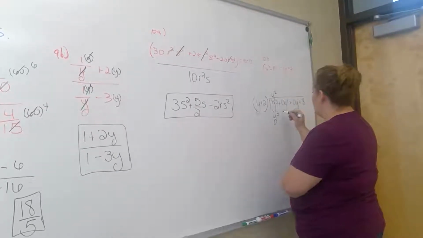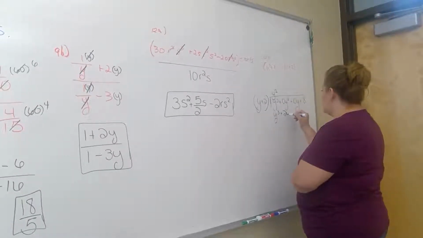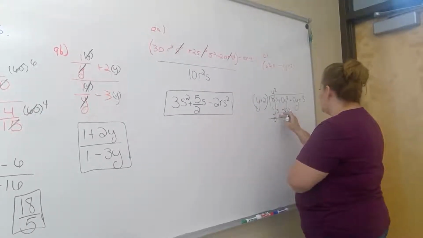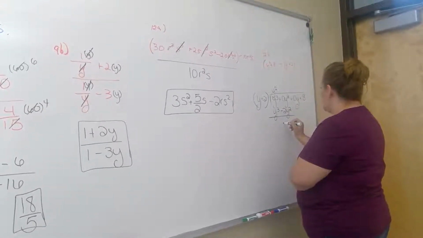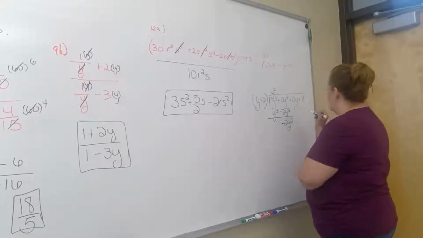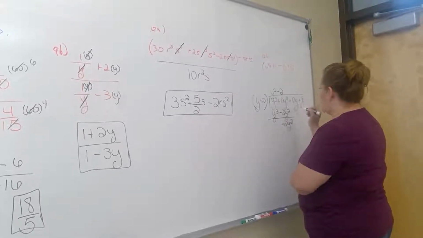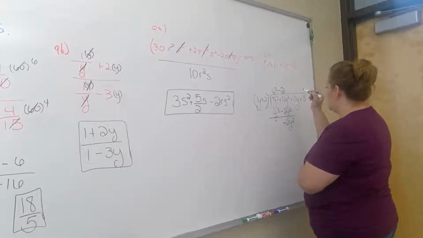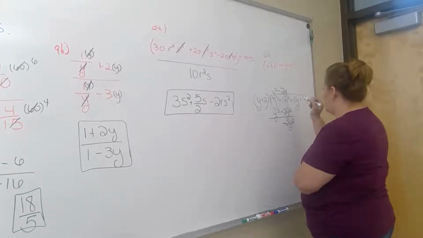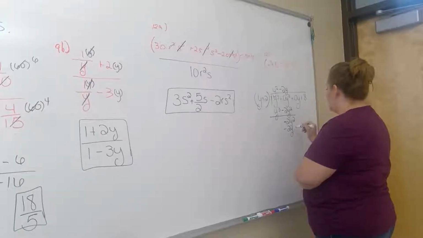And your, this gives you a 2y squared. And once we draw our line, our signs change. So this gives me a negative 2y squared. Okay, and then this gives me a negative 2y, to bring that negative 2y squared.